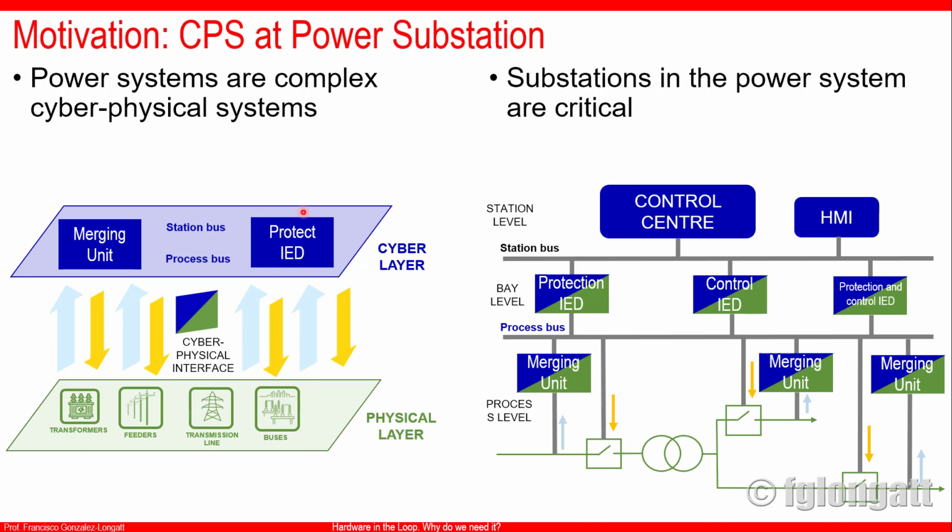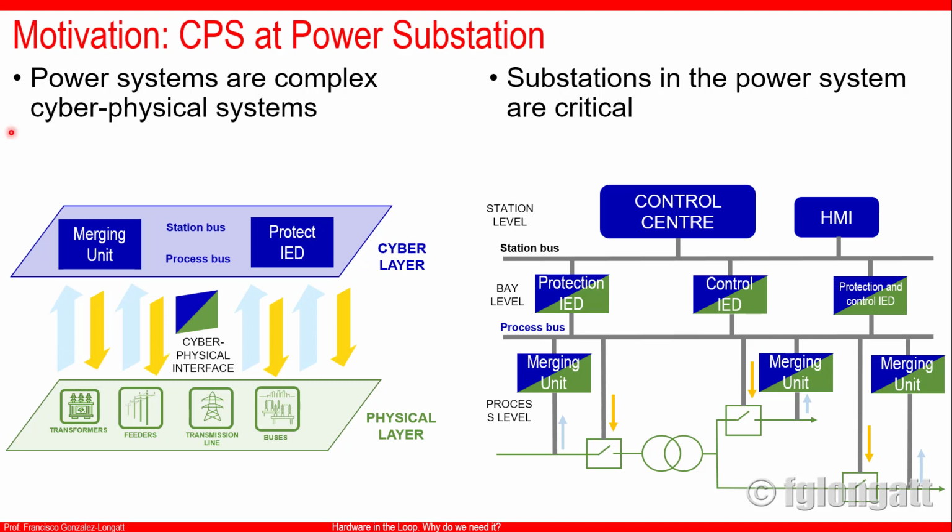On top of that physical layer, now we have a cyber layer. That cyber layer is related to the new digital area of the substation. It's related to the station bus, the process bus, and the process level, okay? What I'm trying to say is, as in any power system, we have real-time measurements that we need to send to the control center, but we also have commands coming from the control center.